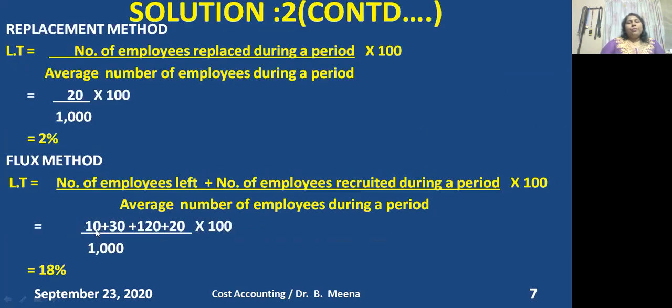So look at the numerator: 10 plus 30 tells you how many of them left, and this 120 plus 20 tells you how many of them were totally recruited for the organization. This will come only in the flux method, because the flux method considers how many were recruited for the organization, not only for vacancies but also for the expansion scheme. So divided by average number of employees, 1000 into 100, that gives you 18%.